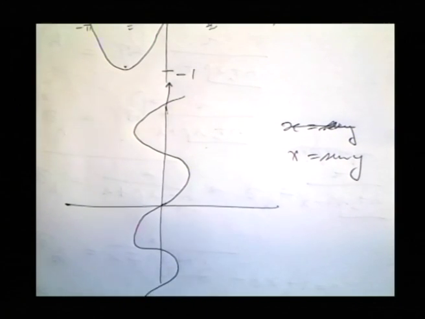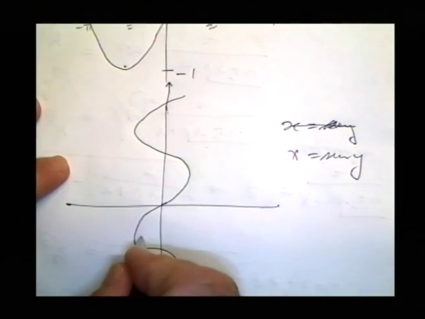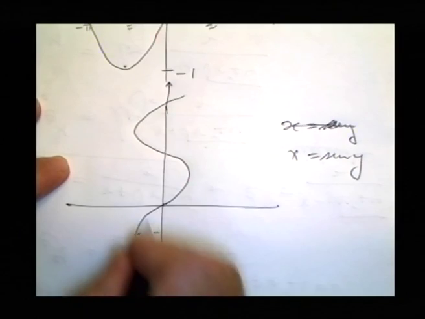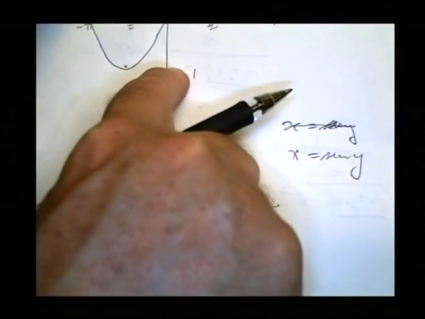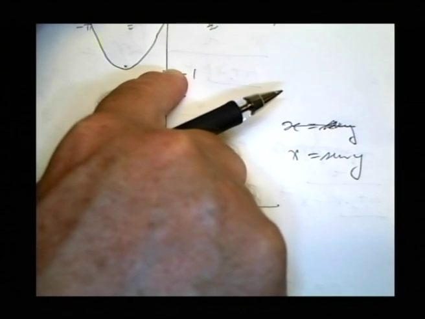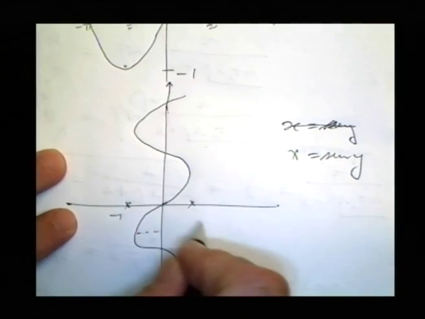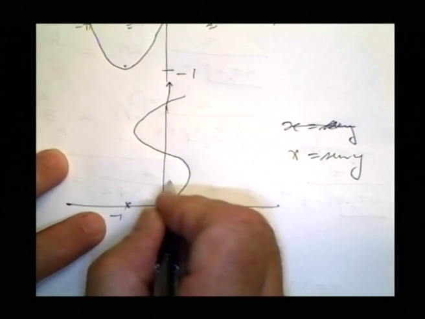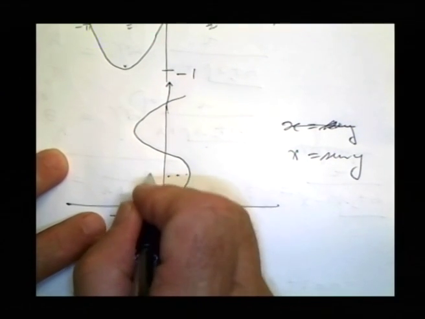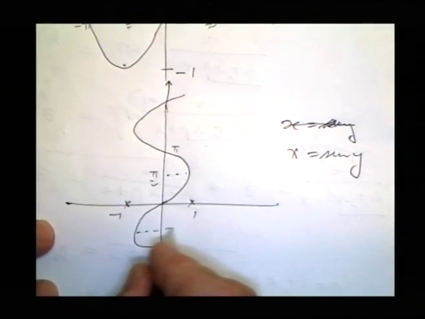In other words, it looks like a bit of a snake. It keeps going around. If the y values are between -1 and 1, they become the x values between -1 and 1, and the range of values becomes all the radians here: pi over 2 and pi, etc. And this would be minus pi over 2.